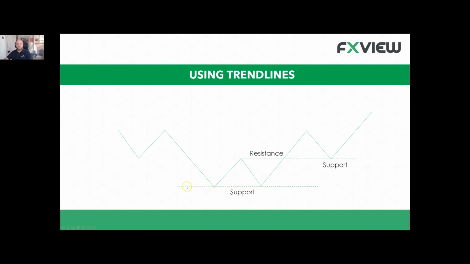Now these are really influential and really strong support lines. So this is a horizontal support line or a horizontal trend line when price action is moving sideways. When price moves back higher through the resistance, then that resistance can often become support at a later time.